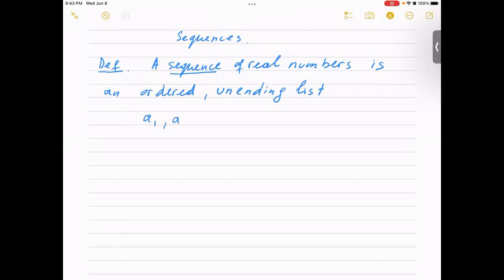Here we start with A1, A2, A3, and so on. Let's keep on going and keep on going so it never ends.